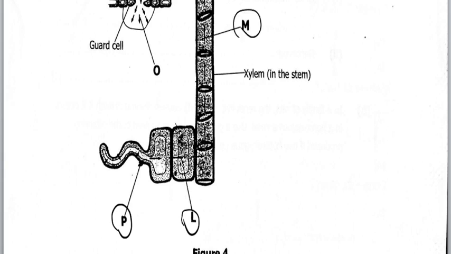Now, at L, the process that is responsible for the movement of water is called osmosis. Then at M, it is going up against gravity, so the process is called transpiration pull.